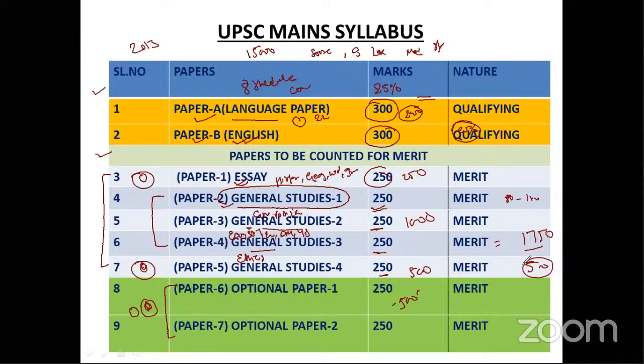If you get somewhere around 300 plus, or say 290 to 320 marks in your optional paper, obviously you will have a very good chance to clear this exam with a very good rank. I'm damn sure that you will be under rank 50 or under rank 100. So choosing an optional is very important from your side.